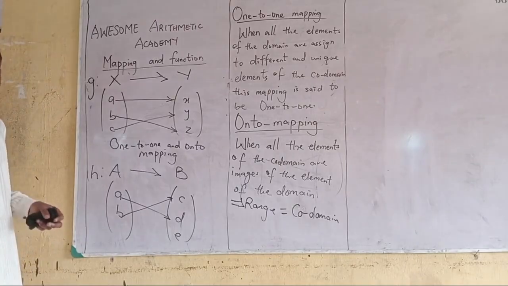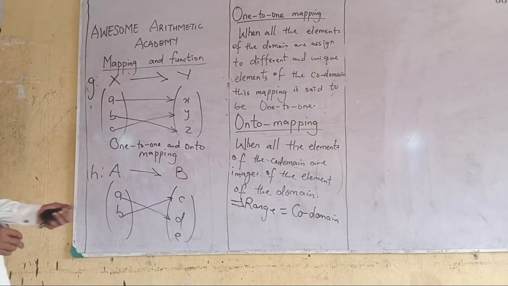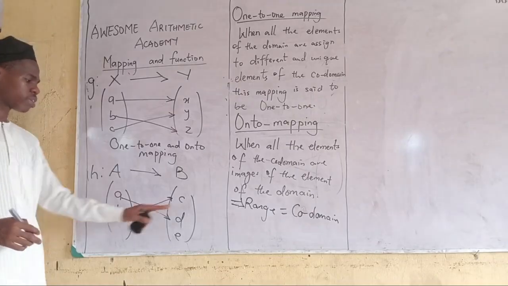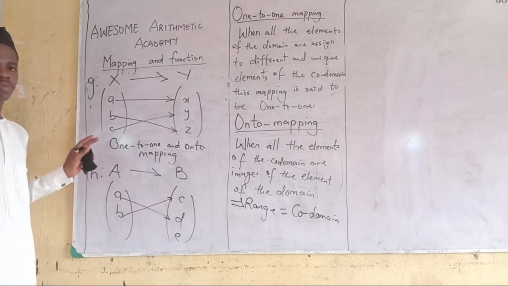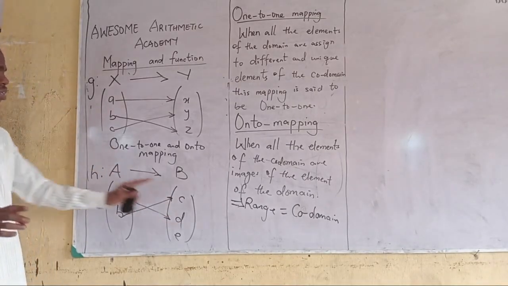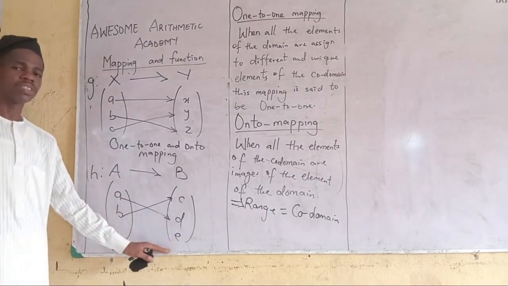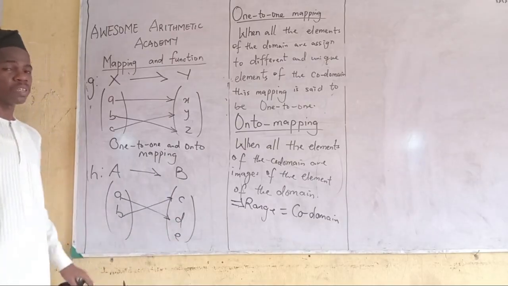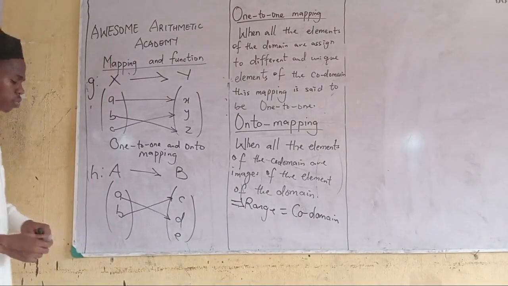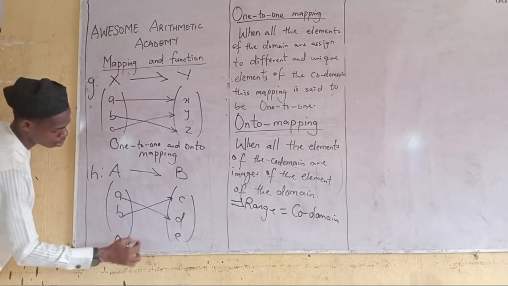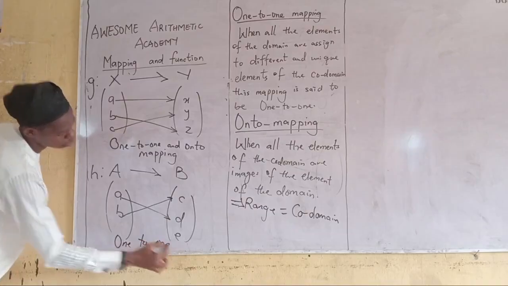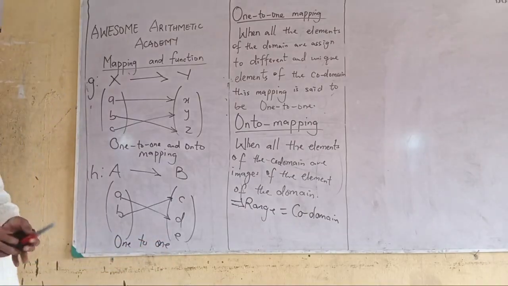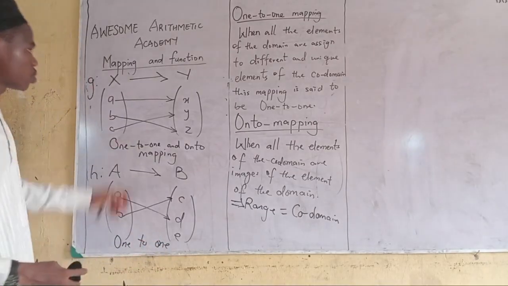This is one-to-one. The reason it is one-to-one is because the two elements here are having different elements at the codomain. That's just the main reason. And the reason it is not onto is because not all the elements here are images of elements here. So it is only one-to-one.